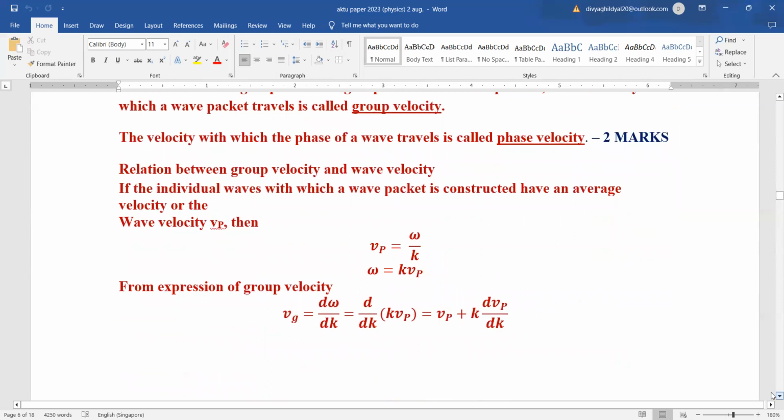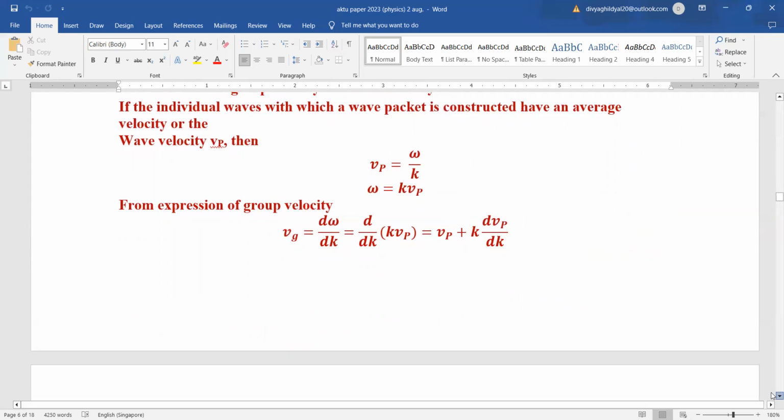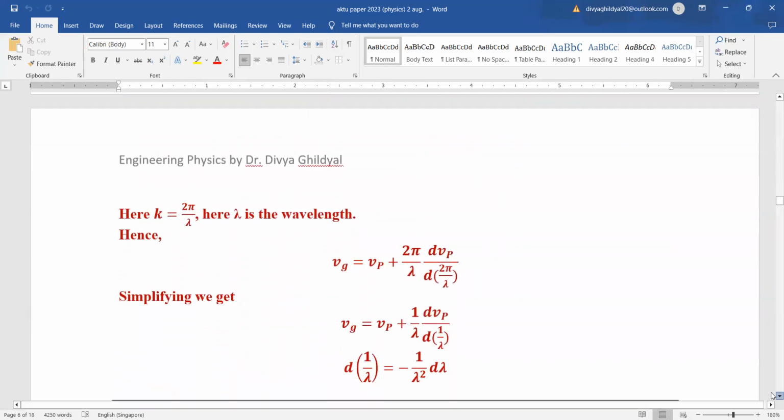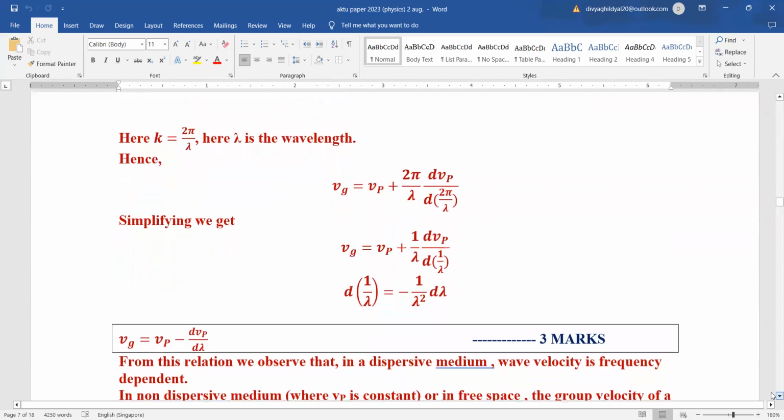For the relation between the two, it is very easy. Phase velocity is equal to omega upon k, where omega is the angular frequency and k the wave number. And for group velocity, d omega upon dk, simple, you differentiate, and k is the wave number, which is equal to 2 pi by lambda, where lambda is wavelength.